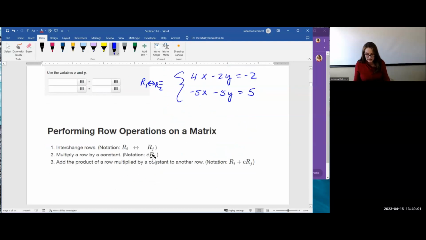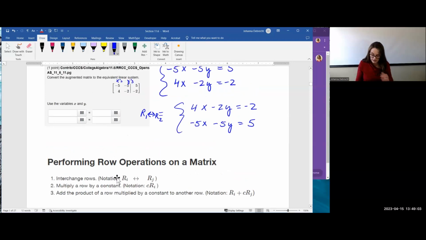Multiply a row by a constant. If I want to do that, let's look at these that I've got right here. Let's take row 1. To get rid of the y, I can multiply row 1 by -5 and put it back into row 1.